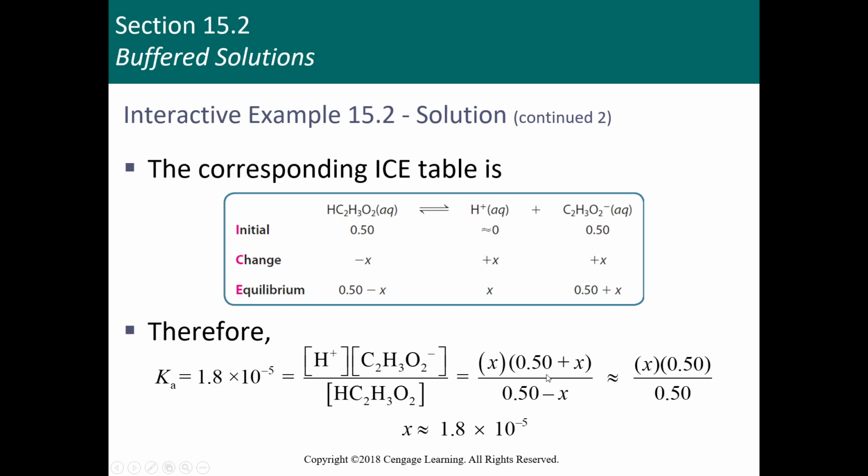and we can go ahead and make the same assumption we've been making before. This value is very small here. 0.5 is much larger than that value. So we would assume that adding or subtracting x from 0.5 will make no difference. And so we go ahead and get rid of that plus x, that minus x. Remember, we always have to keep the ones that we're multiplying by. And that's 0.5 over 0.5 times x.